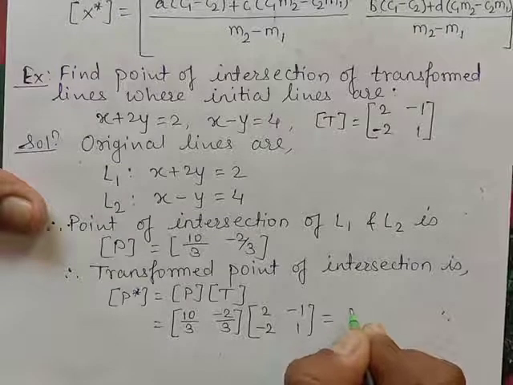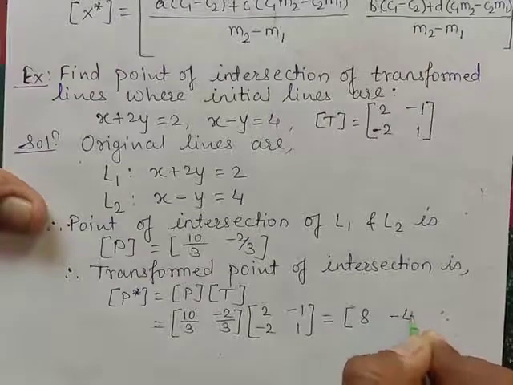So that gives us, the simplification is 8, minus 4.